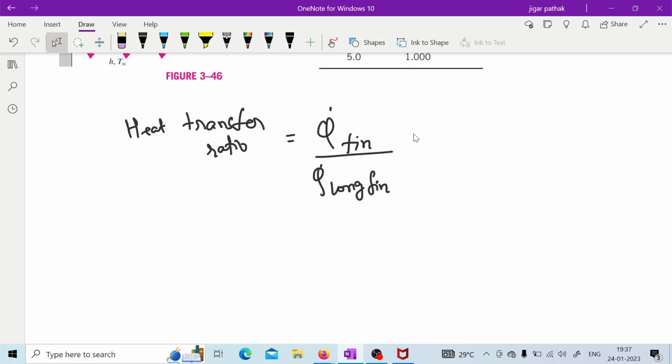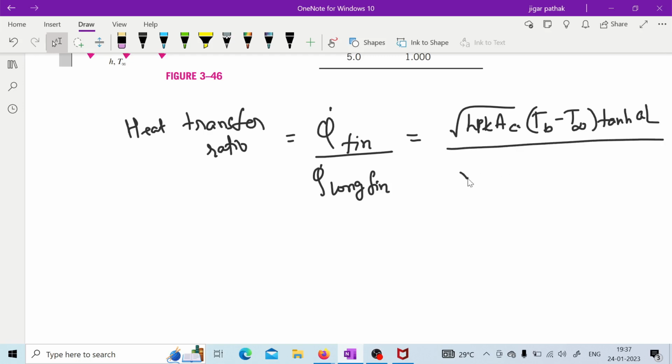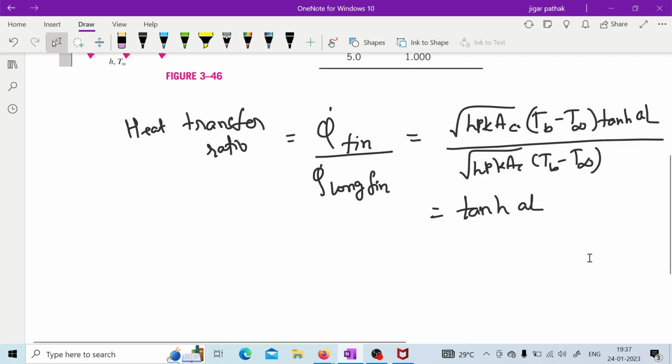So if you write the actual heat transfer through the fin, as we have calculated for the short fin with convection at the tip, with this relation, and the long fin or infinite fin is having sqrt(hPkA_c)(T_b - T_infinity), this will give you tanh(mL) itself. So that is why they have considered this particular factor, tanh(mL).